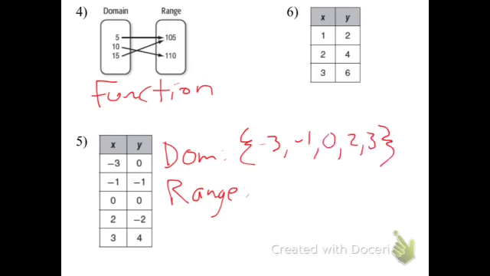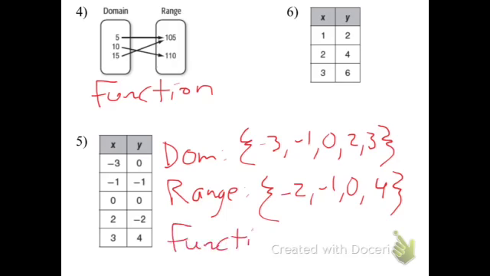And so that list is done. We'll get the range here. We got -2, -1, 0 gets used twice, but you only write it once. And then you write down 4. Okay, and that's the last one. This one is also a function because every input gets assigned a single output.